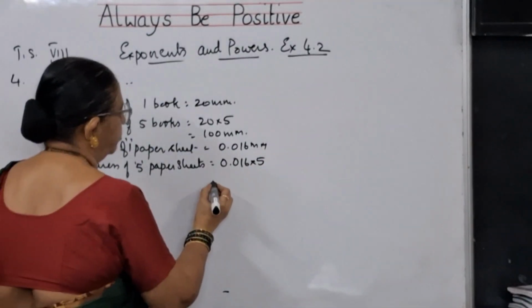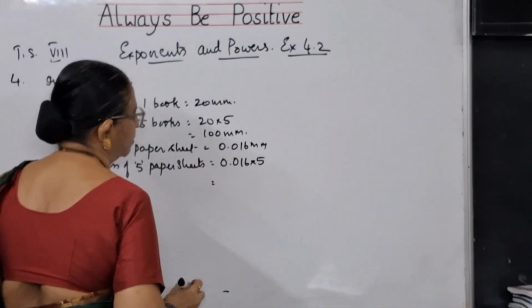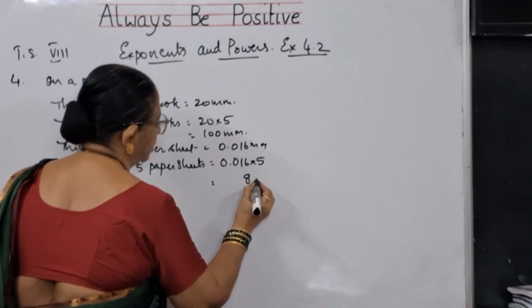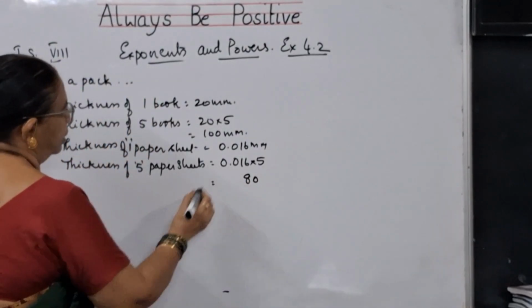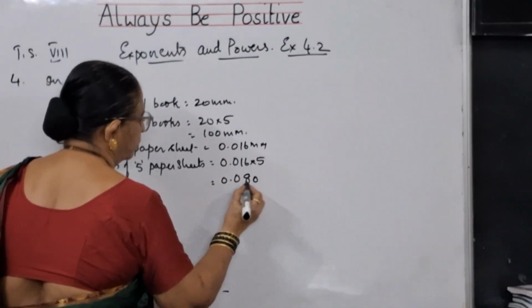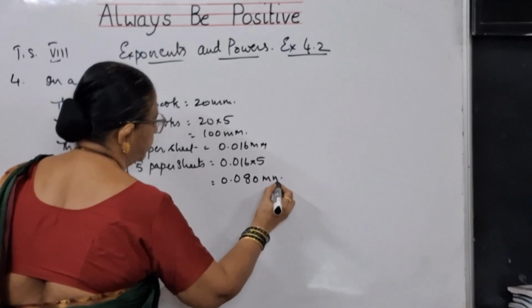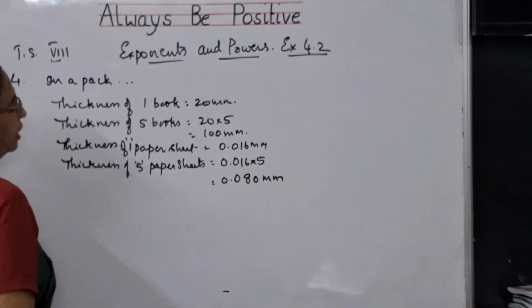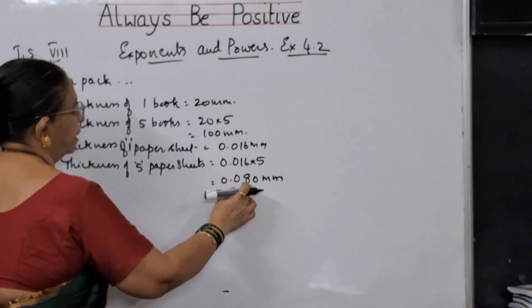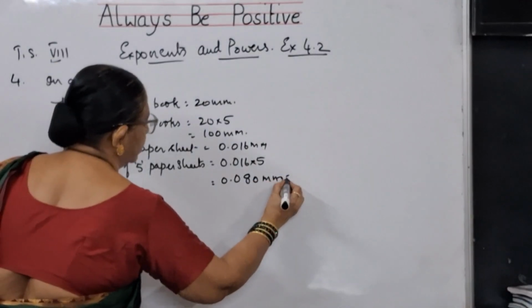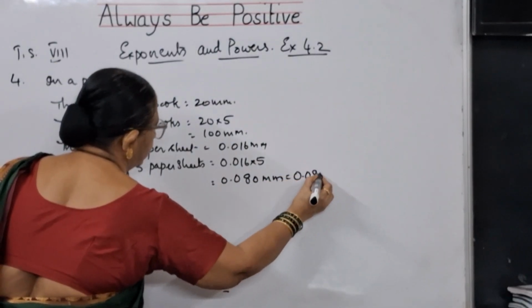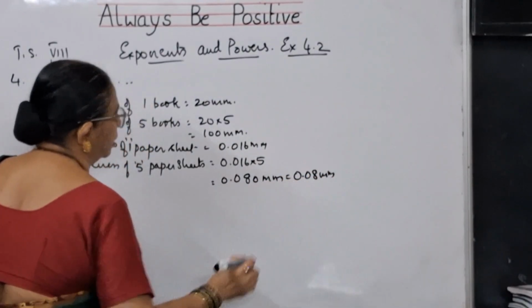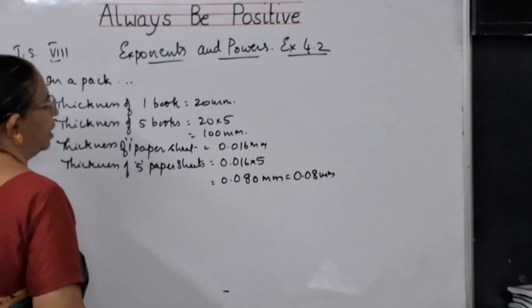So how much will you be getting? 16 5s are 80, so 0.080 mm. That means you can even write it 0.08 mm. This 0 has no value because it is in the last.